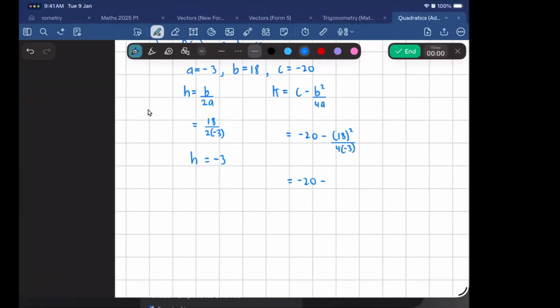So that'll be 324 over minus 12. That'll be minus 27, I think.